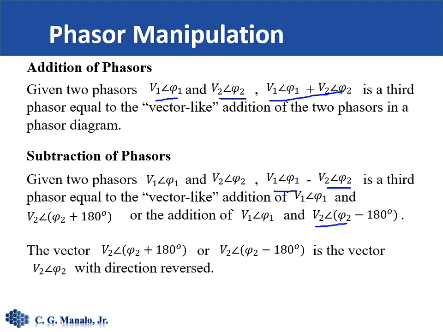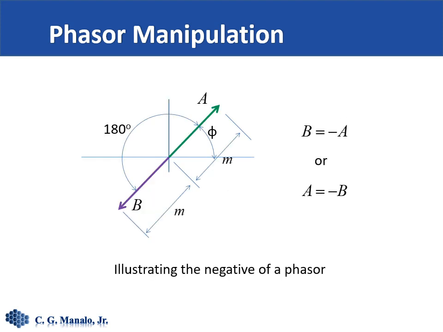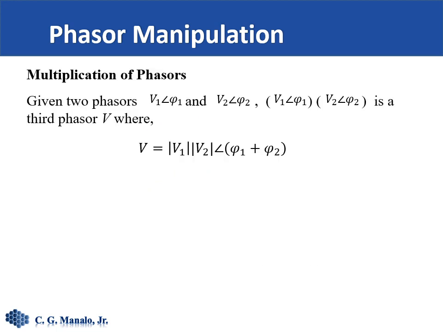That can be done by adding or subtracting 180 degrees on the angle of the phasor. So what is the negative of the phasor? Let's say we have phasor A here. Let's say B is the negative of A. We simply take the opposite direction of A, and that should be the phasor B. We also can multiply phasors.